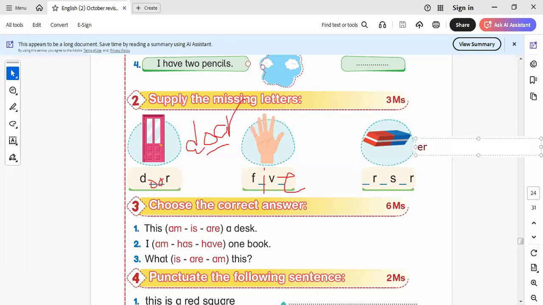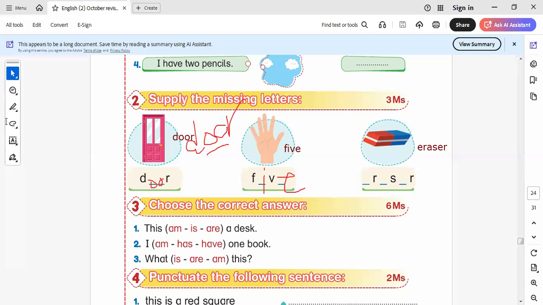Here is 5, written like this. Okay. So here we have eraser, here 5, and here door. Now we know how to write the three words.